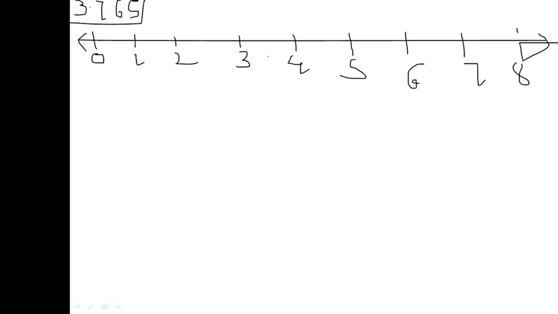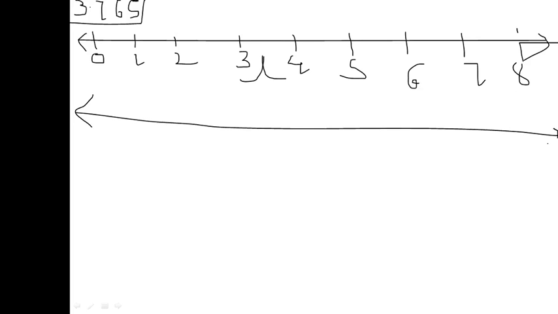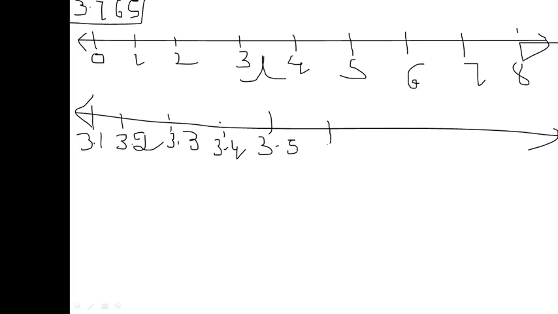So 3.765 will come between 3 and 4. Let me expand it. 3.1, 3.2, 3.3, 3.4, 3.5, 3.6, 3.7, 3.8, 3.9 and 4.0.